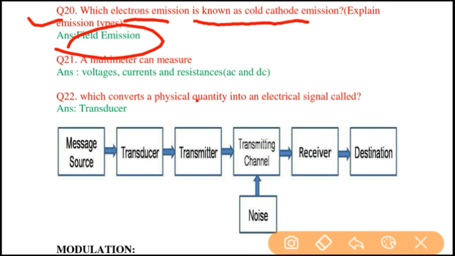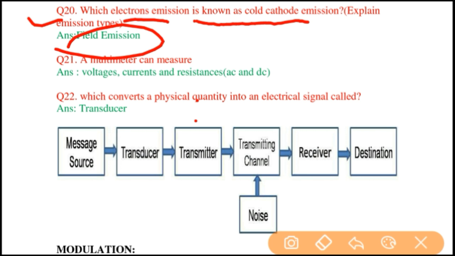Secondly, we have secondary emission. In this method, a high velocity beam of electrons strikes the metal surface and causes electrons of the metal to be knocked out from the surface. This is known as secondary emission.